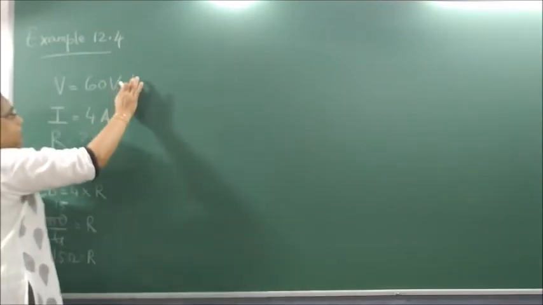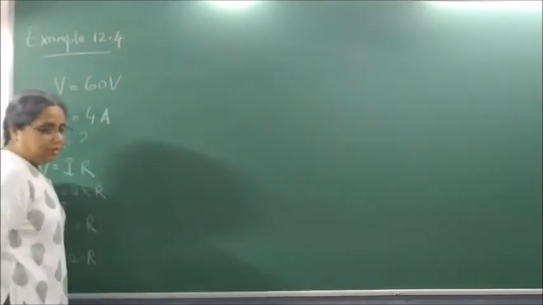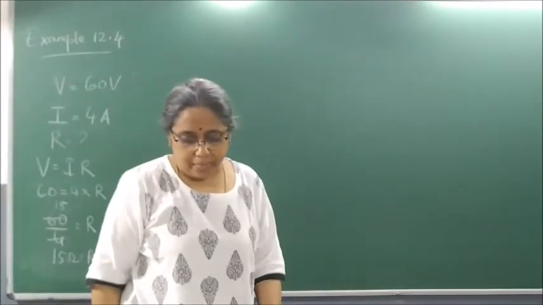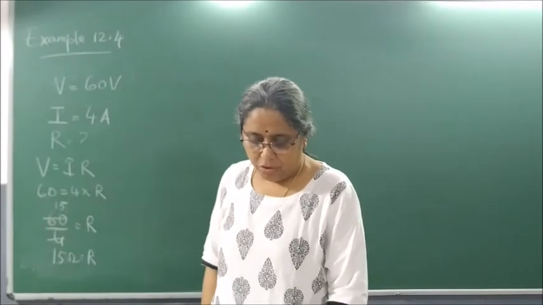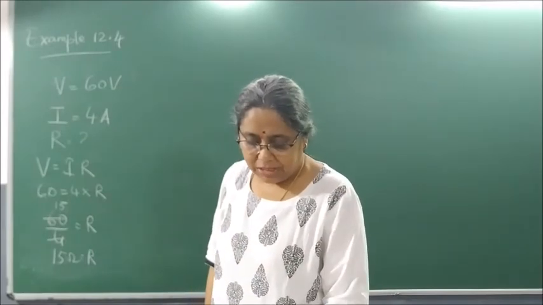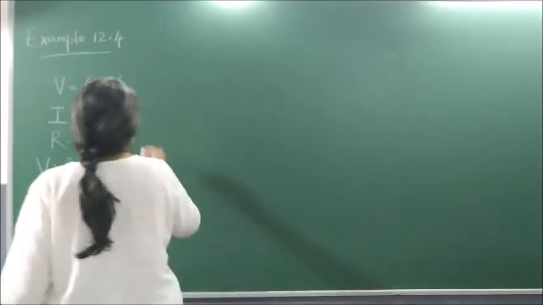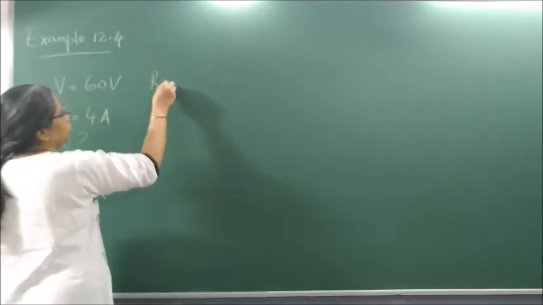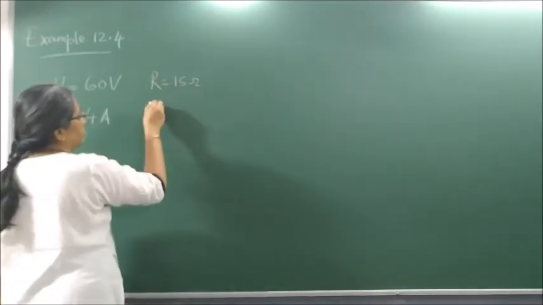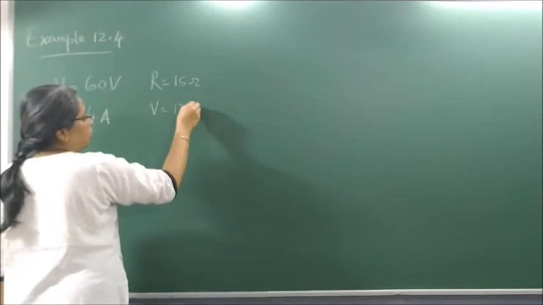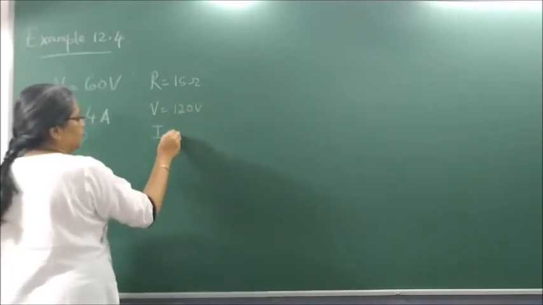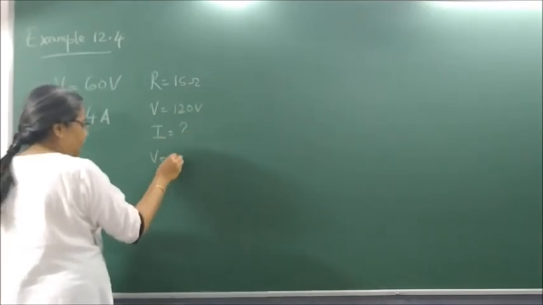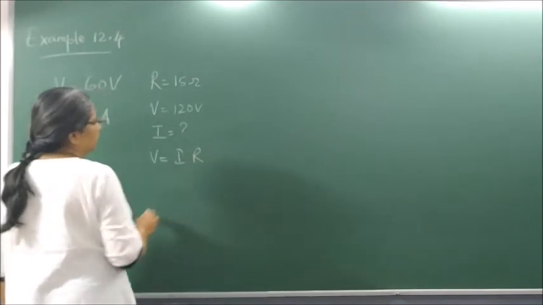Now what is the question asked? The next part says, what will be the current? What current will the heater draw if the potential difference is increased to 120 volt? So now R is 15 ohms. Potential difference is 120 volt. What is I? So again we will use the formula V is equal to IR.